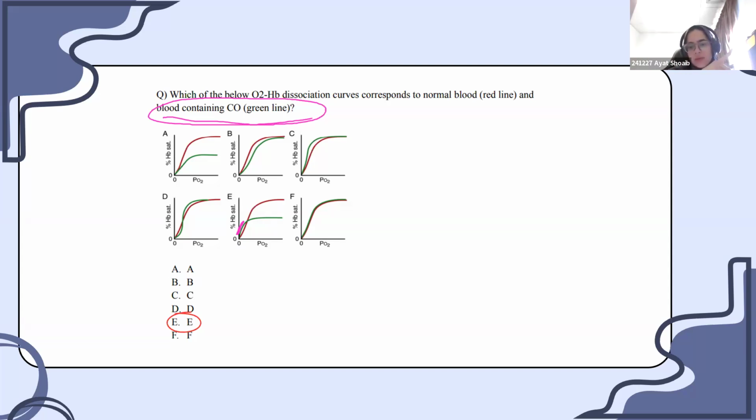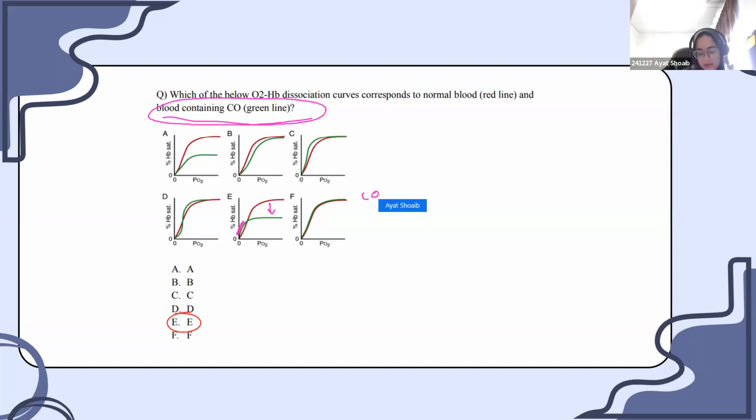That's why it goes to the left first, and then it's going to saturate. It's going to occupy all the binding sites, so oxygen cannot really bind to anything anymore. That's why it's very low as well, because most of the sites are occupied by carbon monoxide.